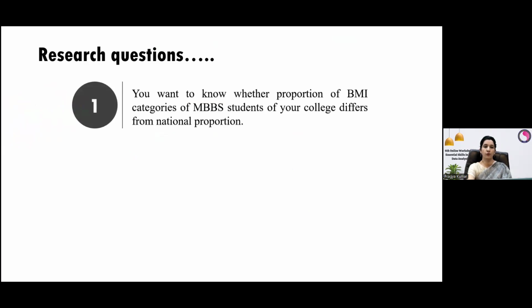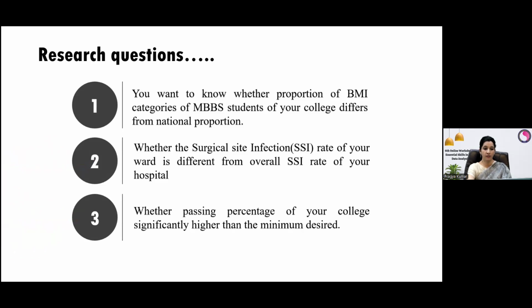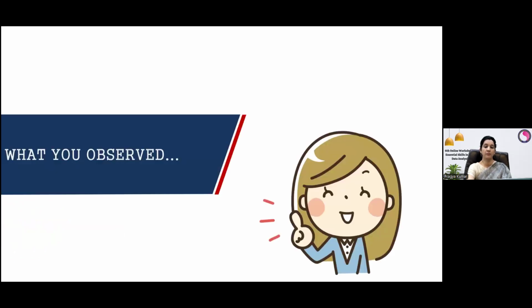If I want to know whether the proportion of BMI categories of MBBS students of my college is different from the normal proportion, then I can use this. Or whether the surgical site infection rate of my ward is different from the overall surgical site infection rate, or whether the passing percentage of my college is higher than the minimum desired, or the overall university.